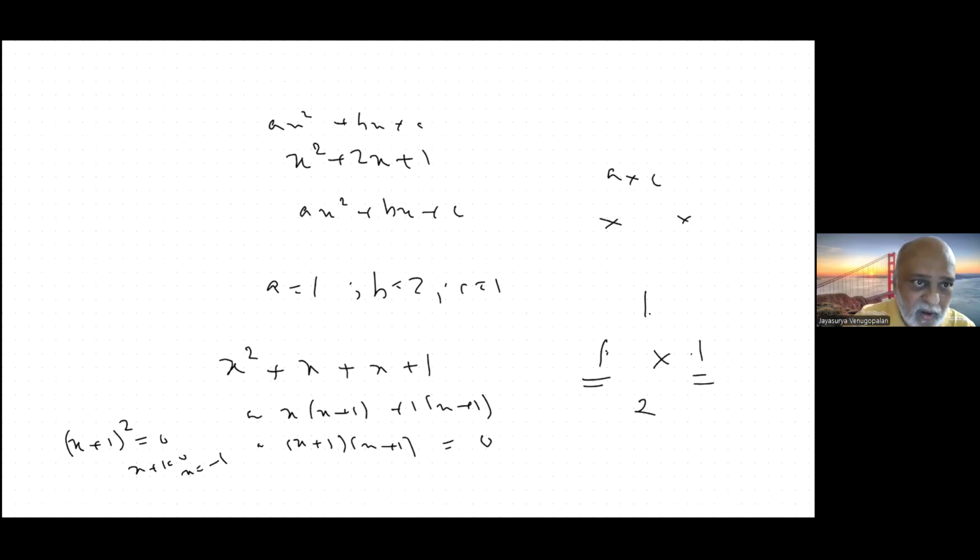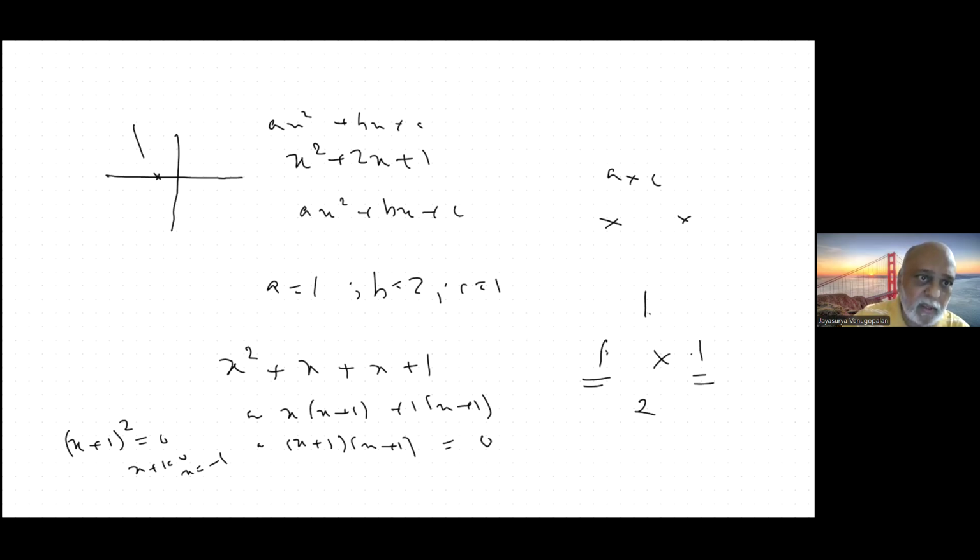So now if we draw the graph of x squared plus 2x plus 1, we take here x equal to minus 1. As I already told you, and will explain later, if A is 1, the curve opens upwards, right? So it will touch the x-axis here at x equal to minus 1 and open upwards.